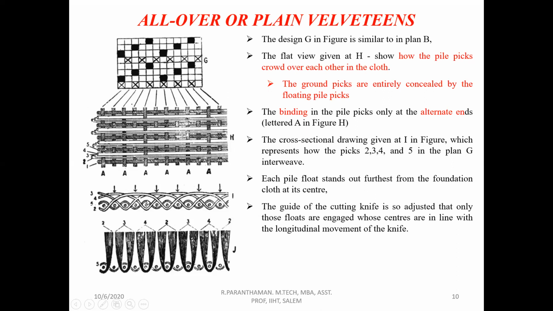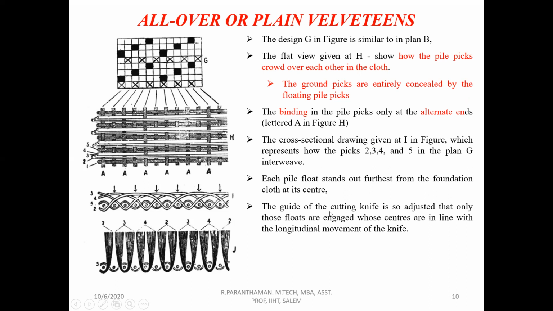So the pile picks are far away from the center. Take that second one. The pile starts from here and ends here. So near these two edges are the farthest distance from the center. That is the point, saying each pile float stands out furthest from the foundation cloth at its center.